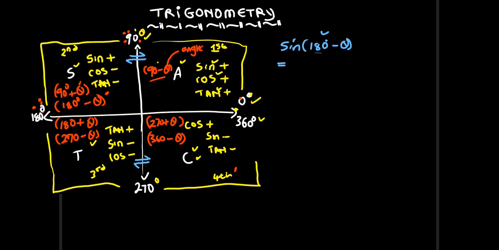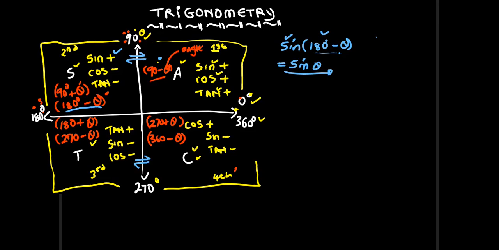Where do you find 180 minus theta? You go to your Cartesian plane. We don't have 180 minus theta here. We come to the second quadrant. We have 180 minus theta. And then you check, in the second quadrant, is sine positive or negative? Sine is positive. It means our answer is going to be positive sine theta. And that's your answer.